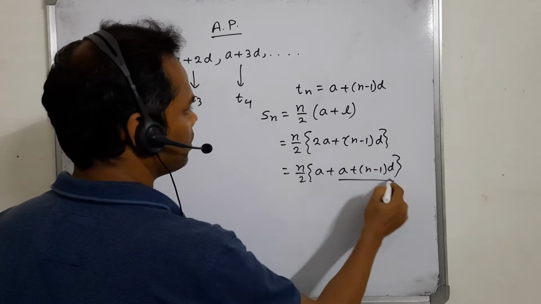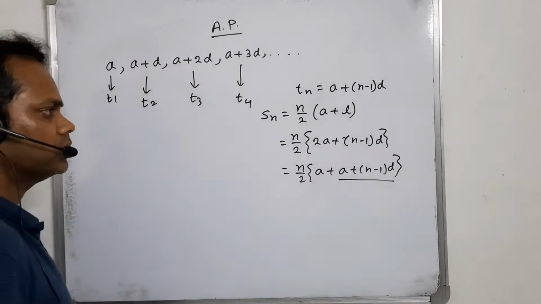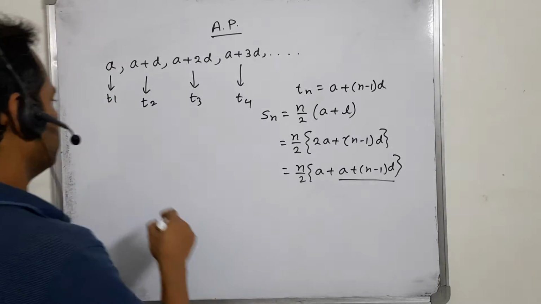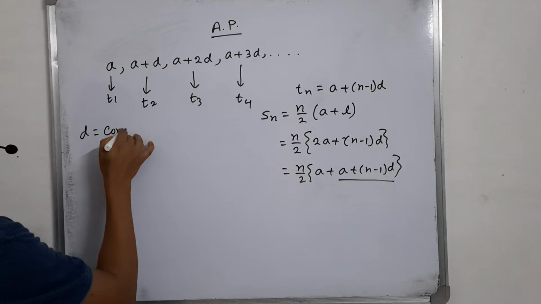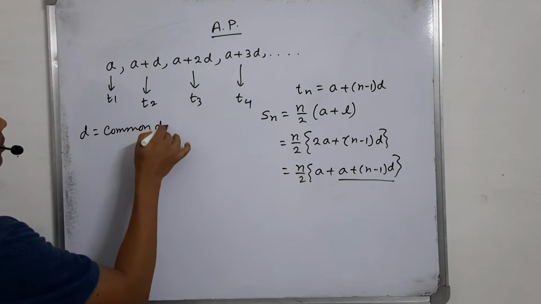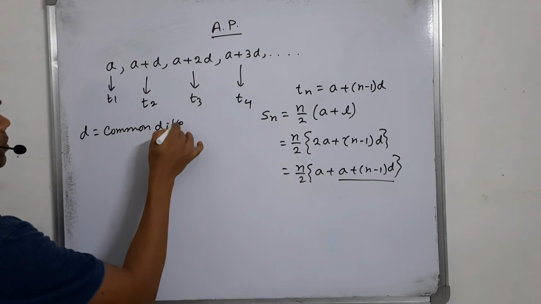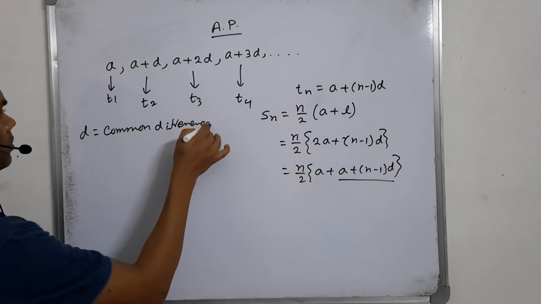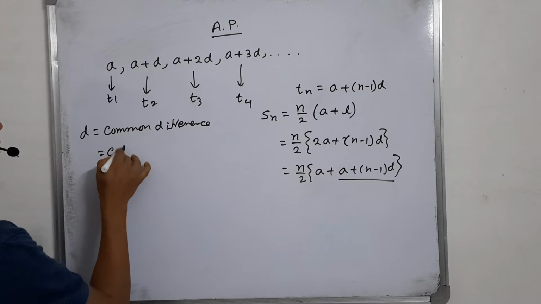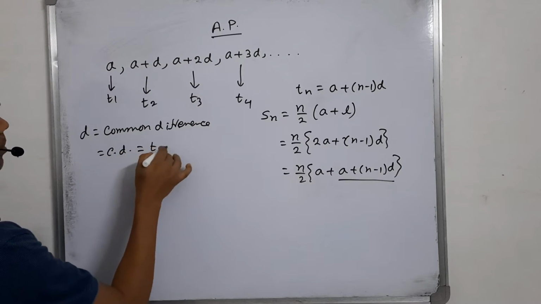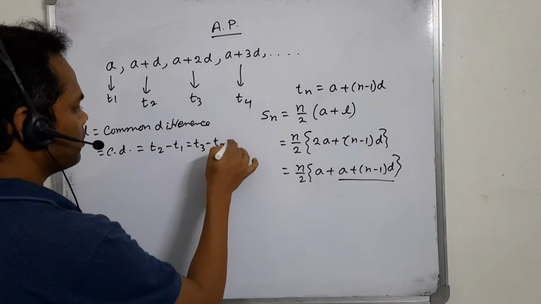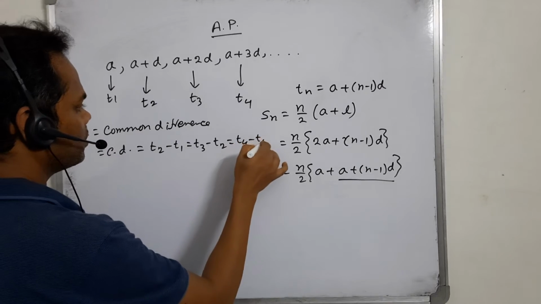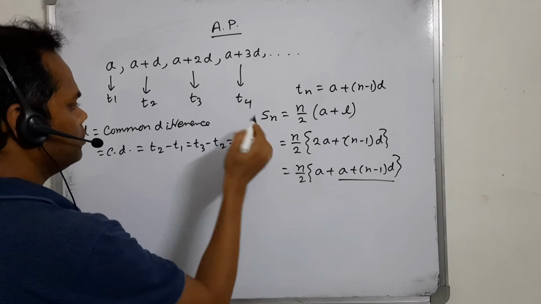That term is the last term or nth term of the series. And d means common difference, or CD. This equals second term minus first term, third term minus second term, fourth term minus third term, and so on.